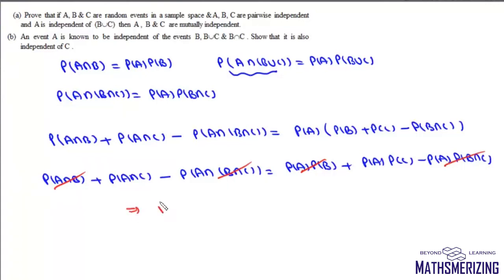So from here we get this condition that probability of A intersection C is equal to probability of A into probability of C. That means events A and C are independent, and that's our second part.